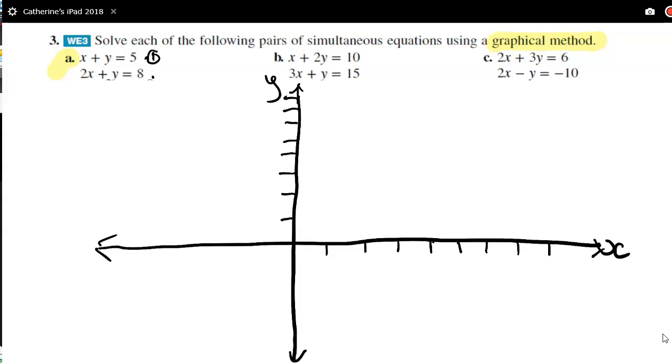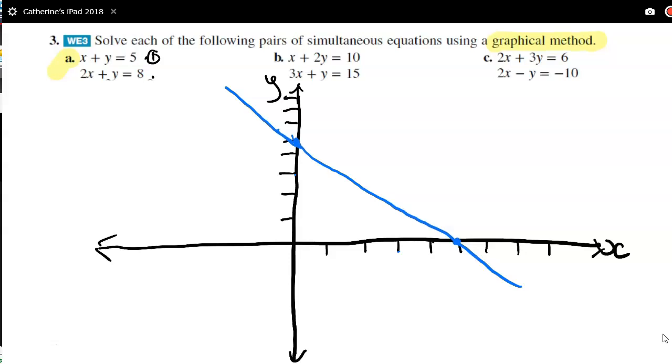So my x, 1, 2, 3, 4, and my y, and then you get your ruler and you draw a nice straight line, obviously.